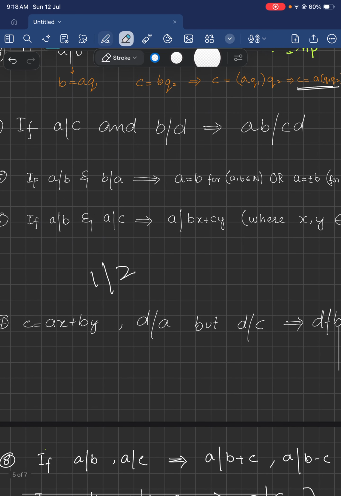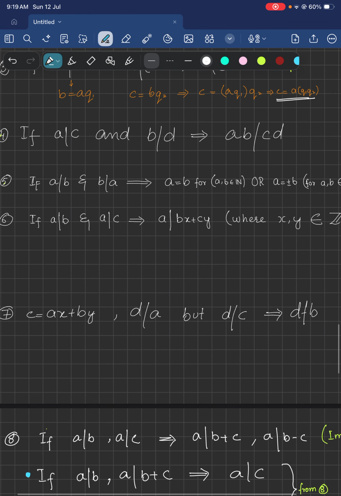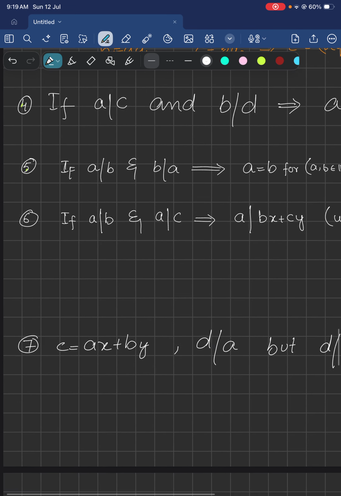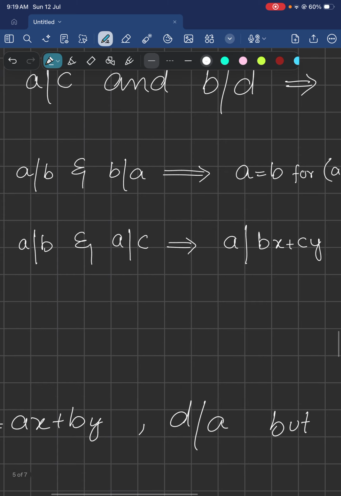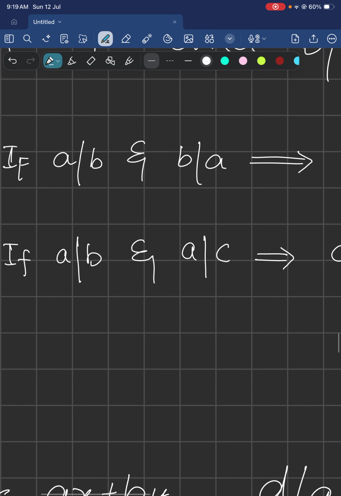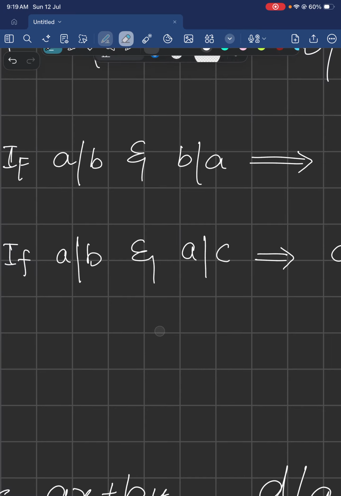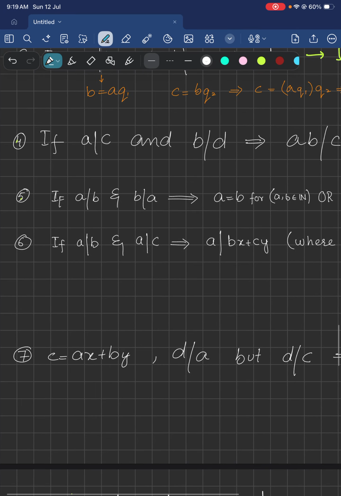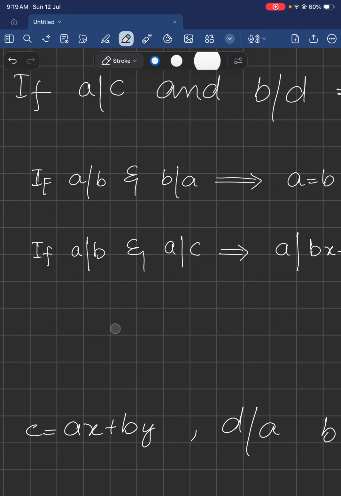This property is right. Which eventually means that if 2 divides 2, then 2 would also divide 2. It would only work if A is equal to B, otherwise it will not work. Like 2 divides 3 is false in reverse, since 3 would not divide 2. It would only work if A and B are equal.